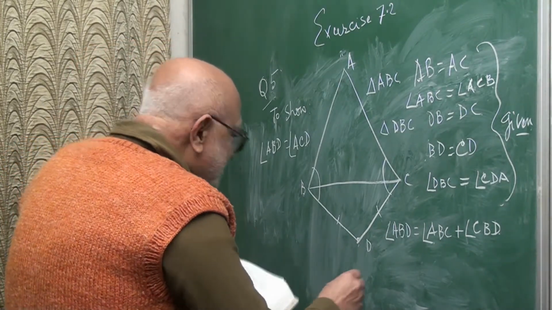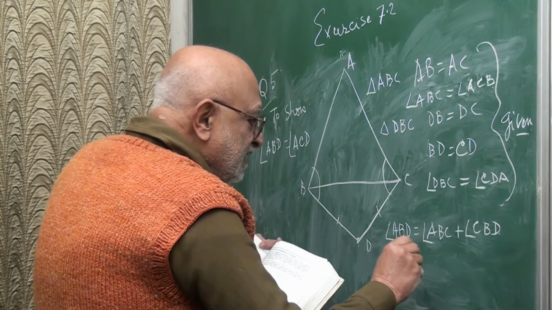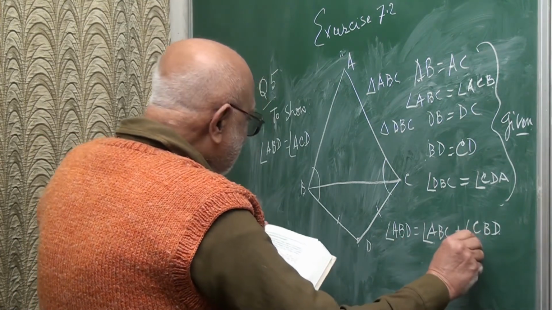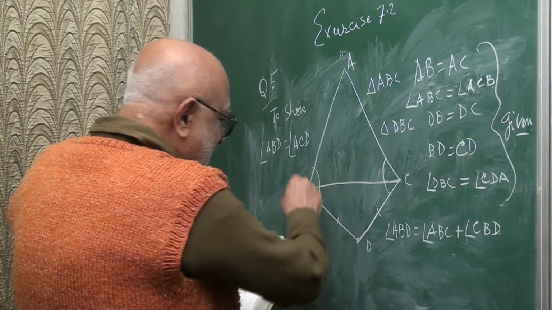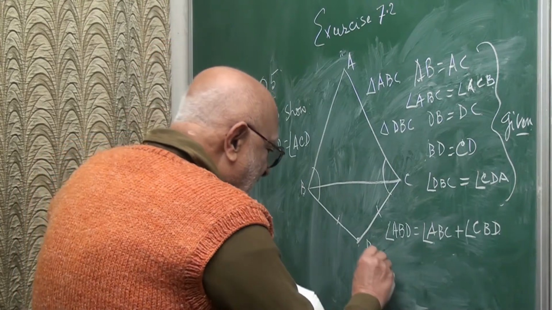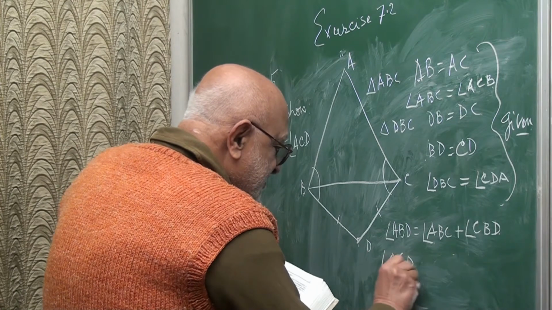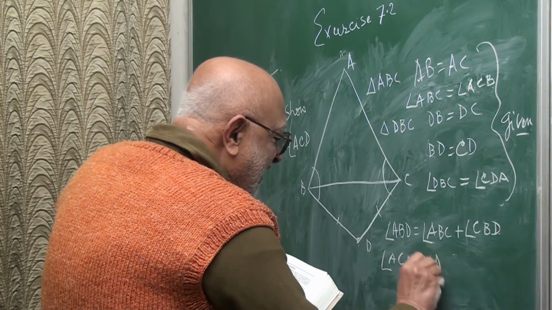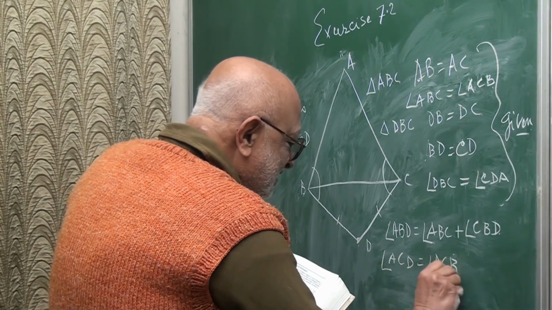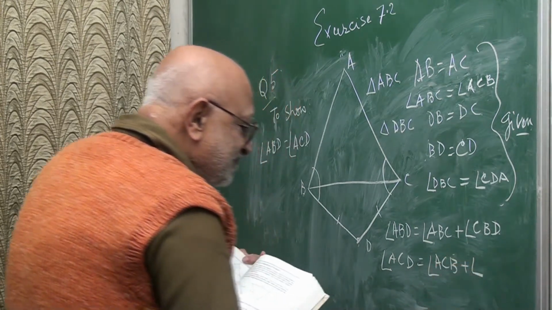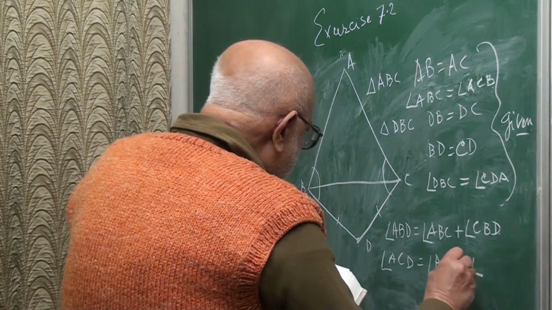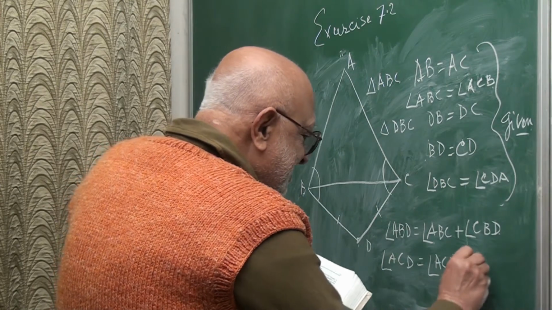And angle ABC plus angle CBD, this angle, this is this, and angle ACD would be equal to angle ACB plus angle BCD.